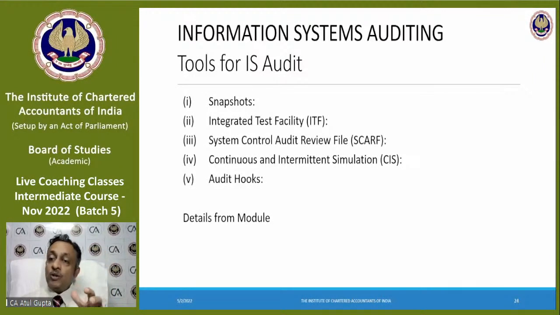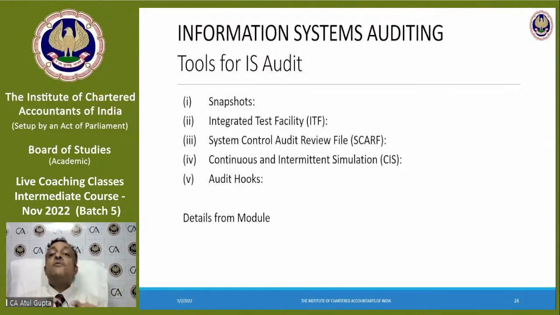Now, when you have been told that the control is in system, what you do, you create a dummy transaction. You pass, with the permission of the auditee, a dummy voucher, dummy cash payment voucher. What will be the value of the dummy cash payment voucher? 11,000, more than 10,000. You try to pass the cash voucher. If the control is existing and it is working effectively, system will give an error.